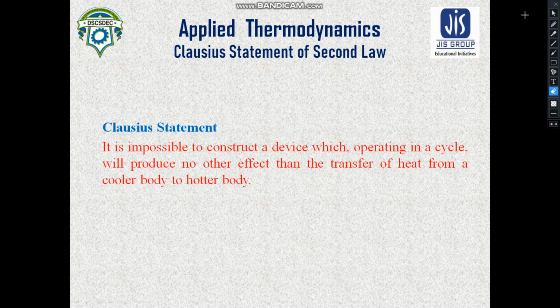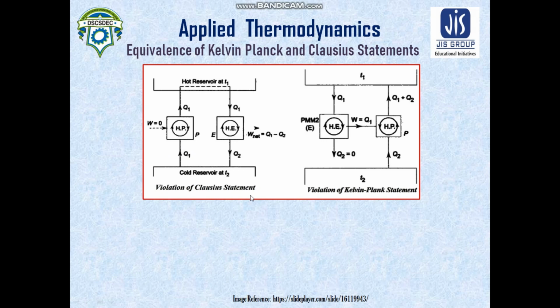They are actually the same. And how can we prove the same thing? We will be establishing that the Clausius statement and Kelvin-Planck statement are absolutely equivalent to each other, and let us start the discussion on that.